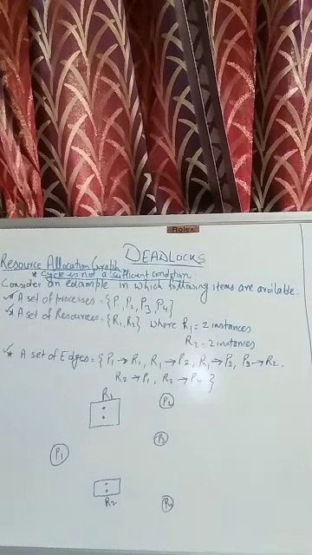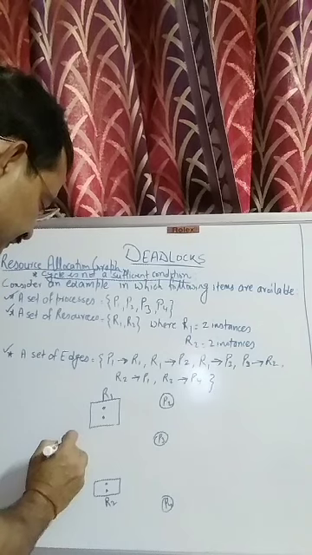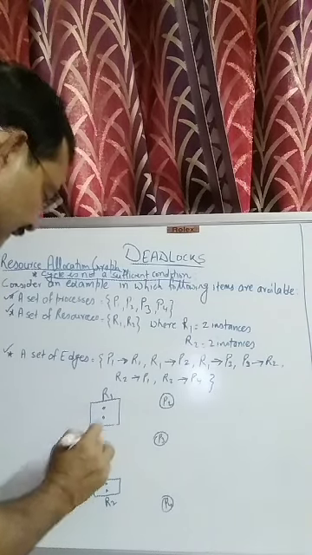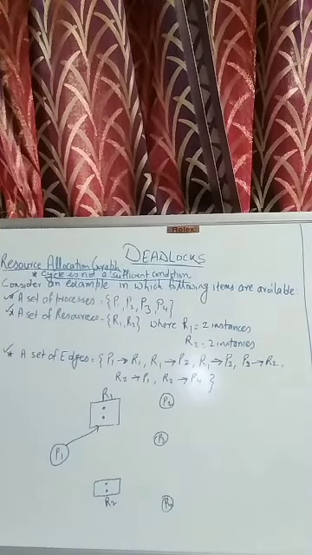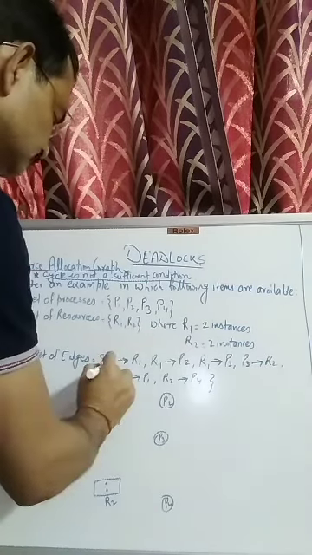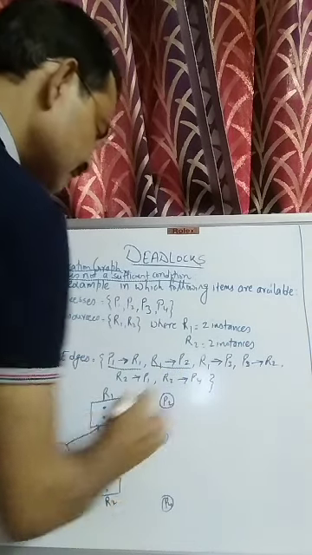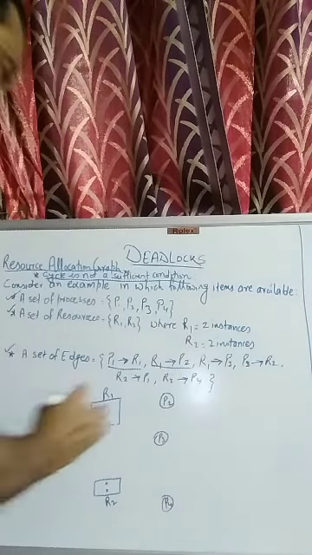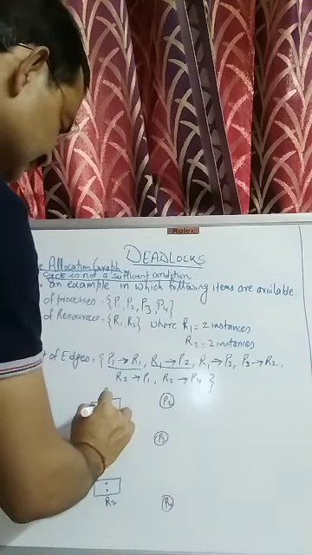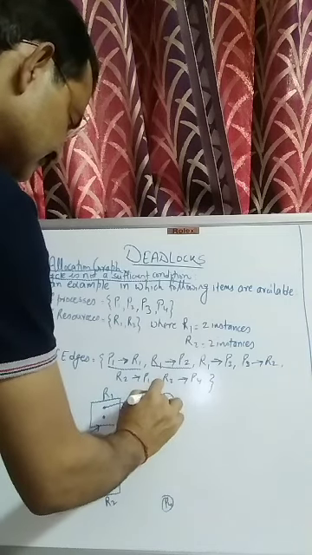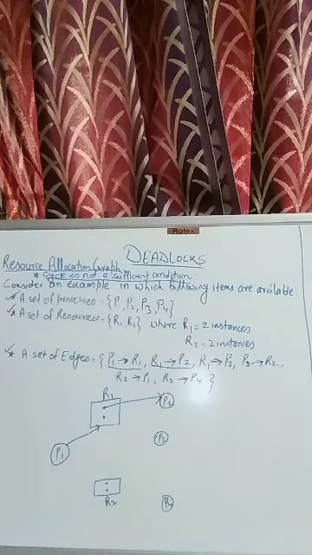And a set of edges: P1 arrow R1, that is, P1 is requesting an instance of R1. R1 arrow P2, that is, one instance of R1 is allocated to P2.